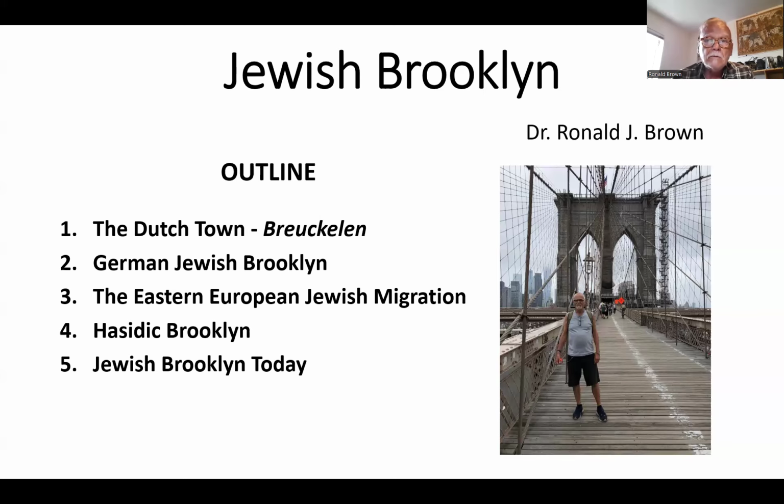We know about the German neighborhoods where the German Jews came over in the 1840s and 50s. And today we have Forest Hills in the middle of Queens, which is another fascinating neighborhood with Jews coming from Central Asia and Russia, coming in the 1990s.